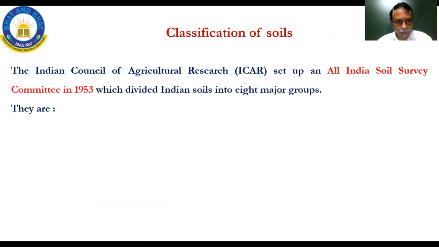Now, classification of soils. The Indian Council of Agricultural Research, ICAR, commonly known acronym, set up an All India Soil Survey Committee in 1953, which divided Indian soils into 8 major groups.